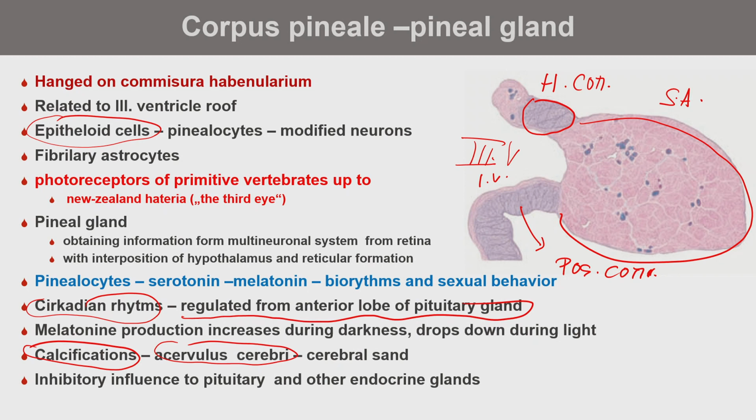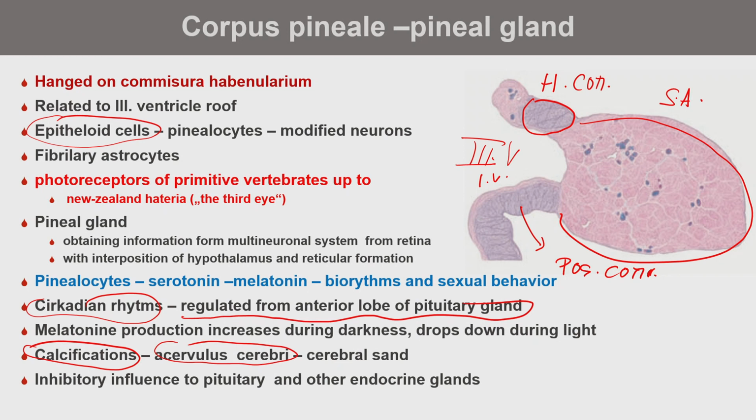Interesting is that this gland has an important inhibitory function for other endocrine glands. Why? Because when melatonin is increasing and the activity of the pineal gland is increasing, almost all other hormones are in the lower part of their production curve.